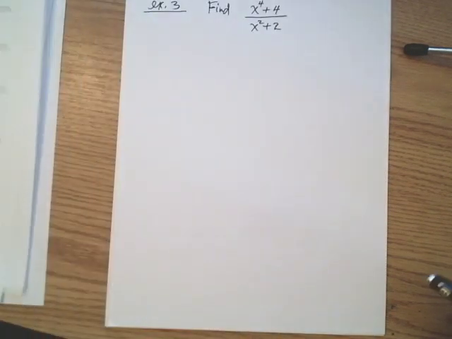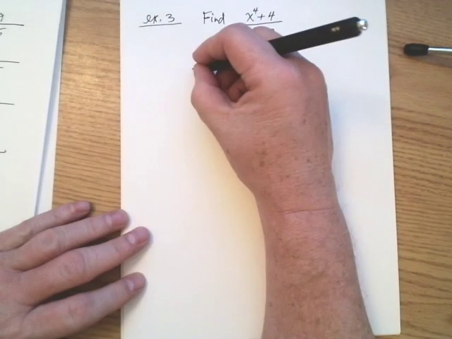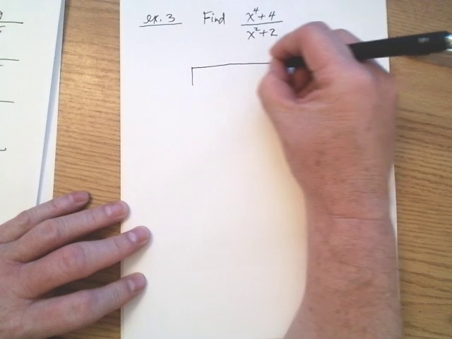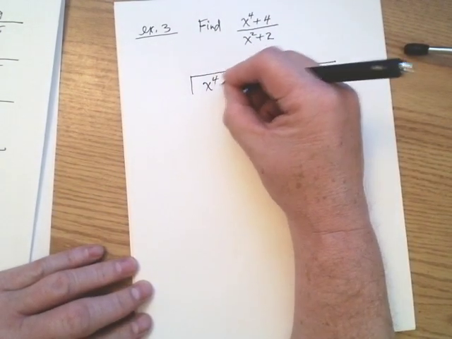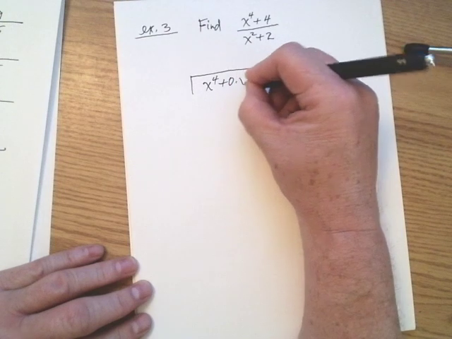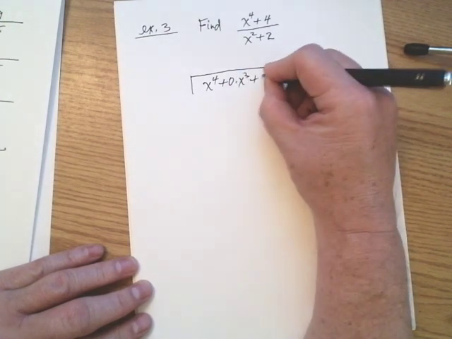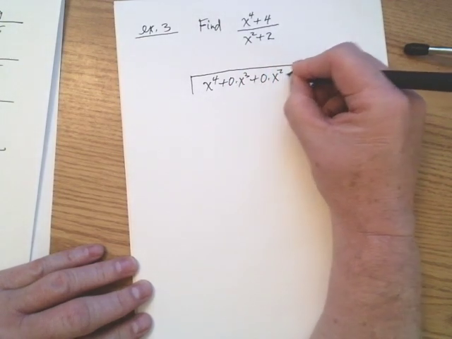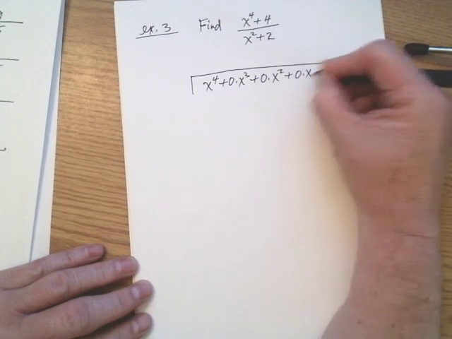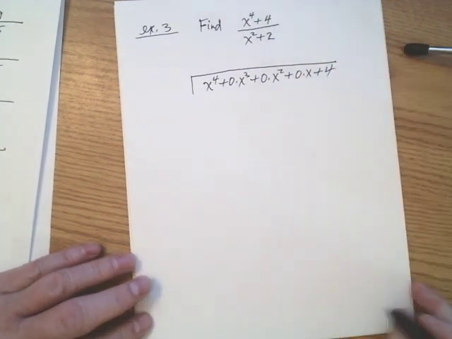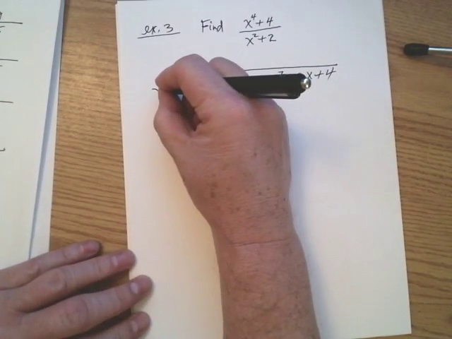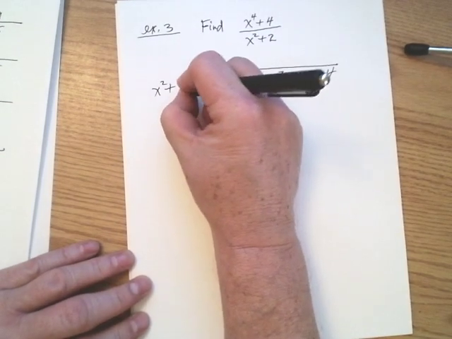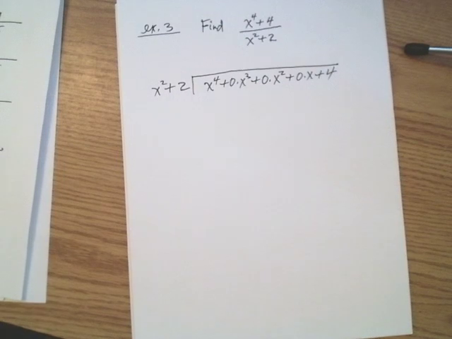All right, let's do one more here. There's going to be a bunch of missing terms on this one: x to the fourth plus 0x cubed plus 0x squared plus 0x plus 4. I may not need all these missing terms in the end, but you never know ahead of time, so go ahead and include all of them.